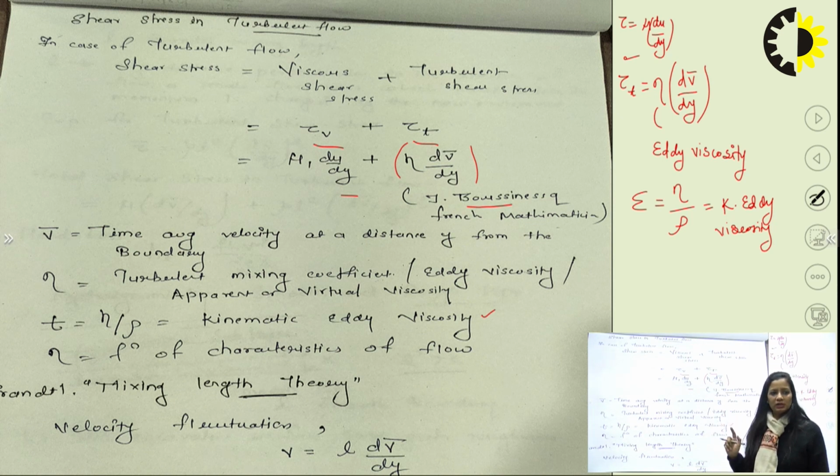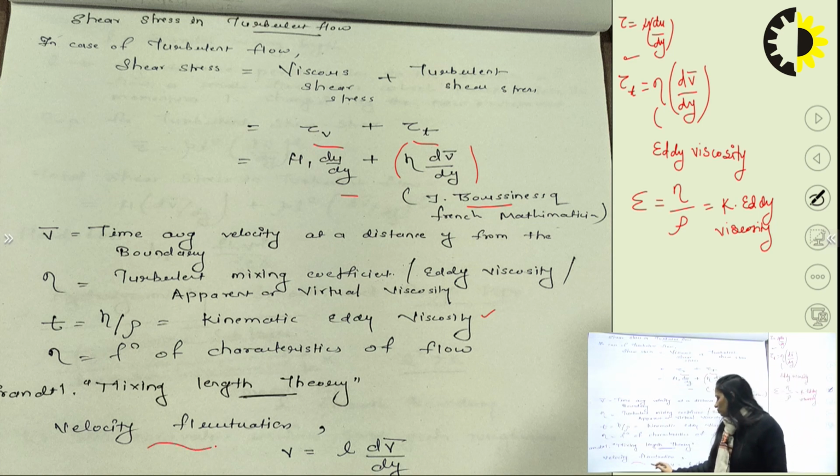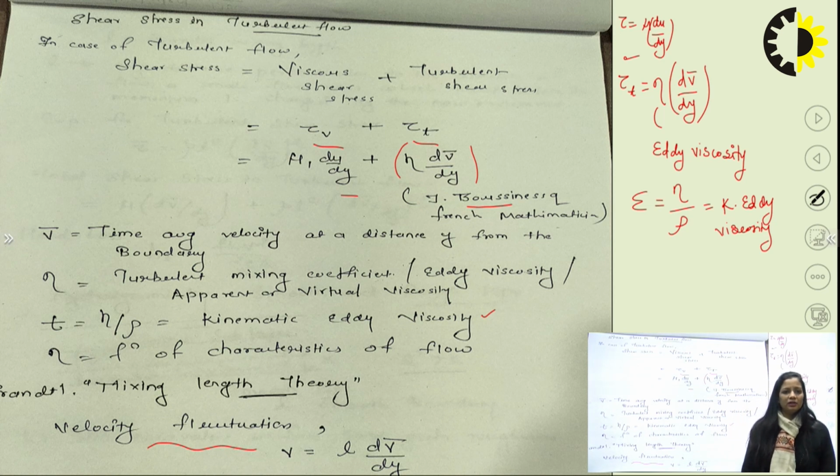According to his theory, the velocity fluctuation in any direction is related to mixing length in this way. There may be two velocity fluctuations, in the x direction and also in the y direction.